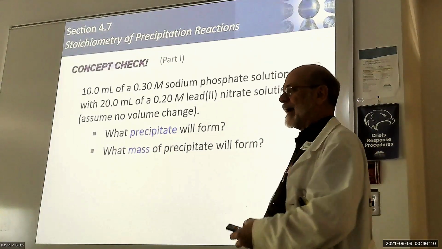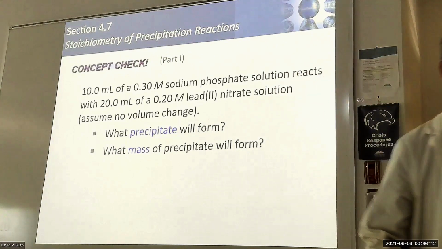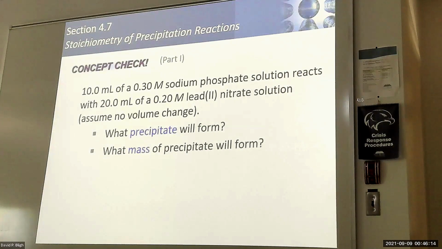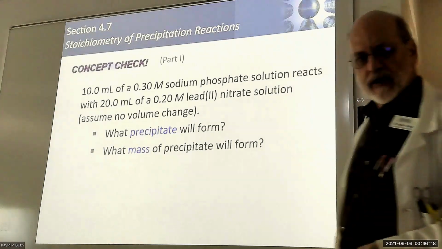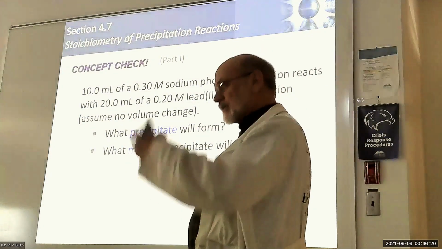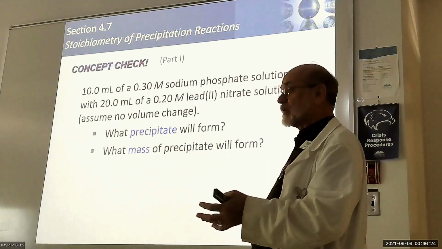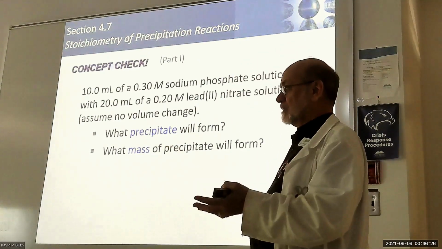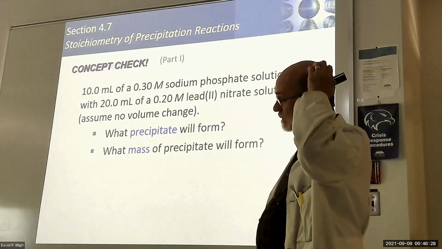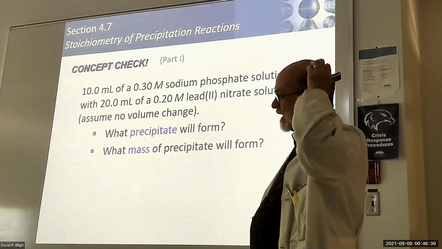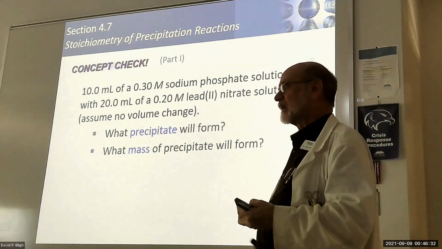So how would you purify it? Well, if you let it sit long enough, it'll settle out and you just decant off the liquid. And if it's an aqueous solution, then you dry it. But a more efficient way is to filter it.